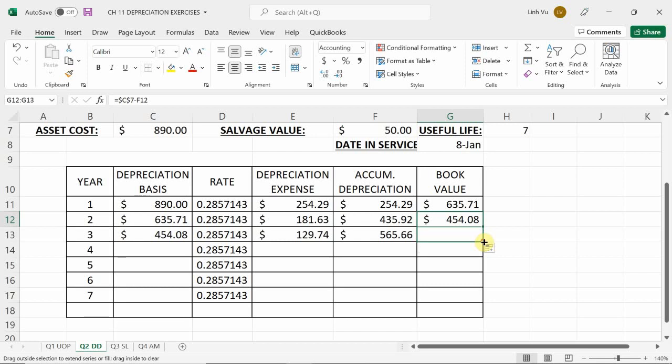I got 324.34. Good. Okay. So now we need to do the next year.